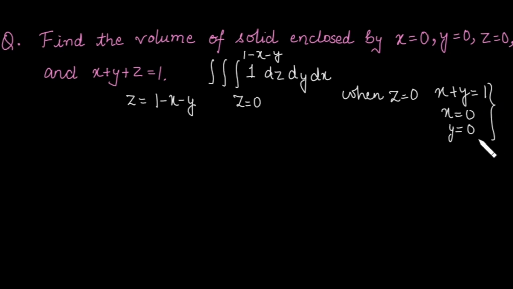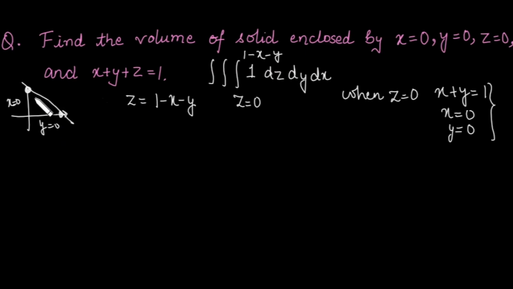Now with 2 variables we know how to take the limit. So basically in xy plane we are getting this as y is equal to 0, this is x is equal to 0 and x plus y is equal to 1 line is a straight line that intercepts at the point 1, 1. Obviously, if it is a solid enclosed by these 3 curves, it means it is a bounded region.